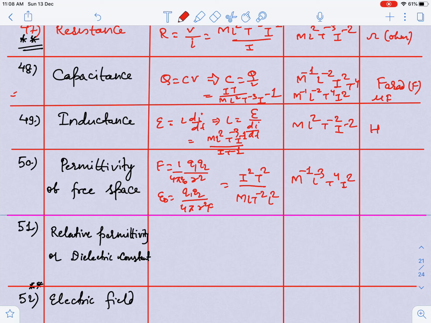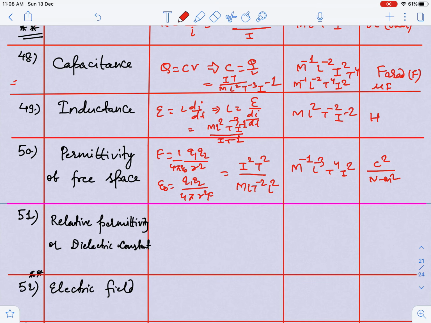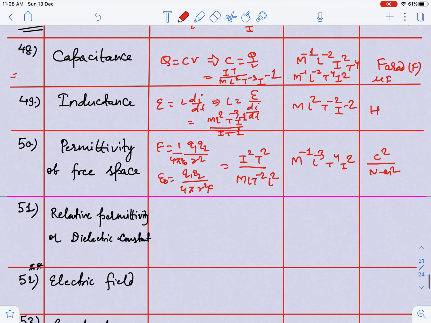This is the permittivity of free space, and you can find the dimension according to this. So the unit is Coulomb square upon Newton meter square. This type of terms, I will not write the dimension, so you will understand what to write by using this simple form, like this is C square by Newton meter square.